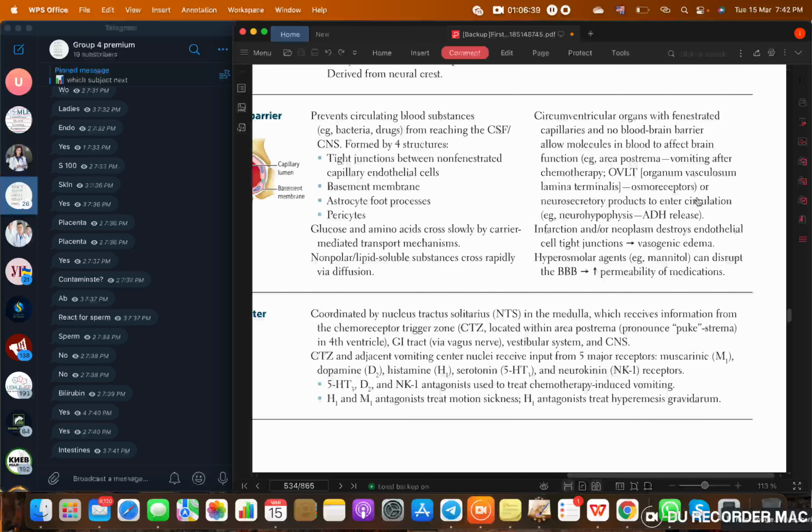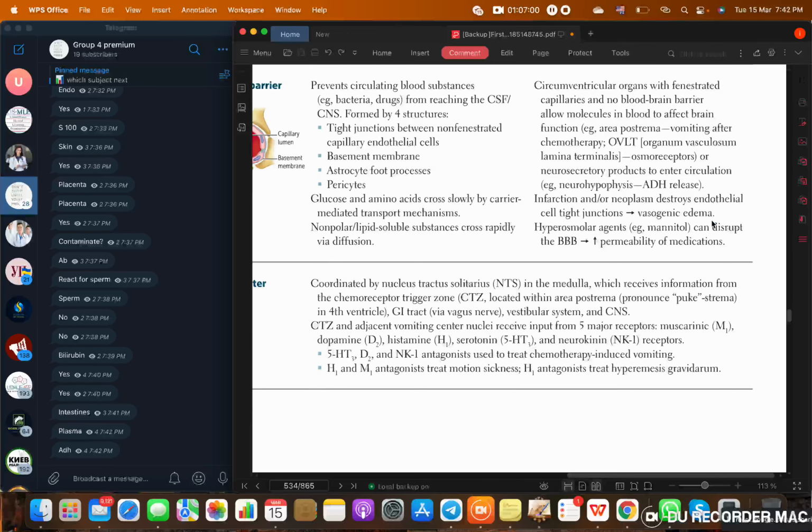By reabsorbing more water. And what is the hormone responsible for the reabsorption of more water? Antidiuretic hormone, absolutely. So neurosecretory products that enter the circulation, for example from the neurohypophysis, can lead to ADH release, which is the posterior pituitary.